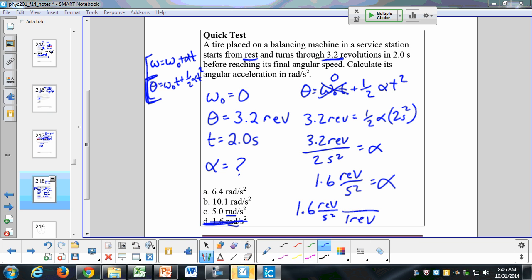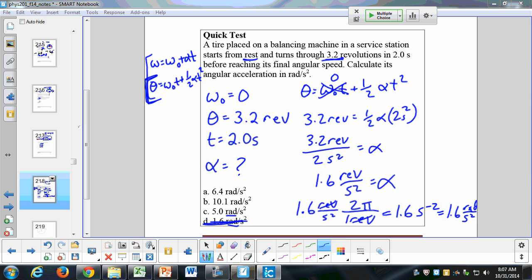In 1 revolution, there are how many radians? Right, there are 2 pi. 2 pi radians. Those cancel, leave me with radians. Usually when you write radians, you don't write it as a unit. It's not a true unit, so you would usually just write it seconds to the minus 2. Though I will often list it as radians per second squared.